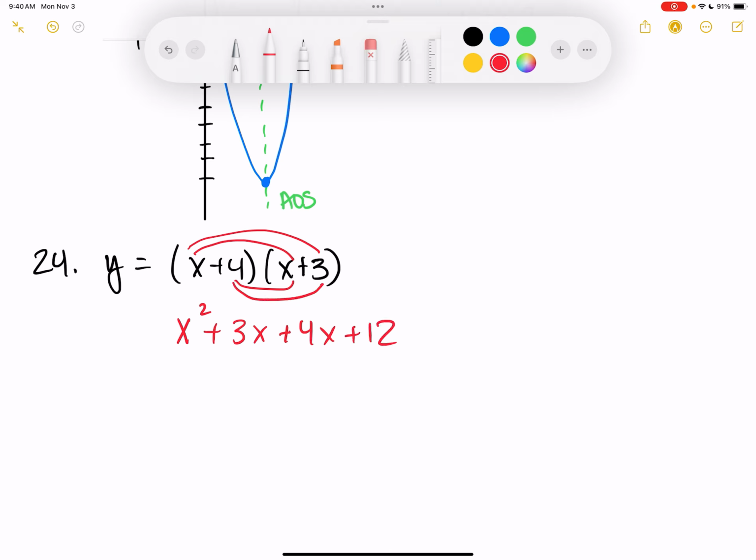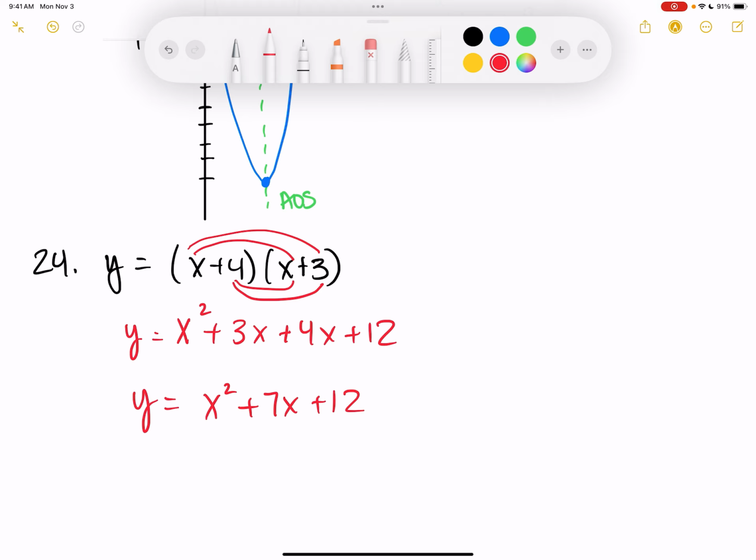When these are just an x like this, not like 3x plus 4, I a lot of times will go straight to x squared plus 7x plus 12. If you can skip writing this, that's fine. I'm just writing it out for y'all to see it, but I normally don't do that. So y equals x squared plus 7x plus 12, and that's your answer in standard form.